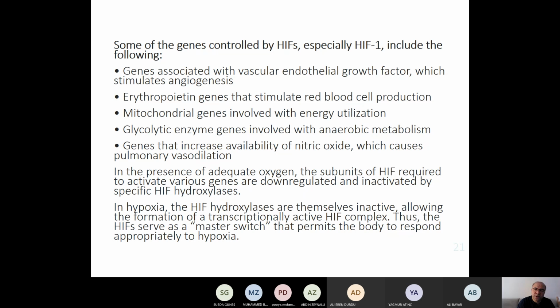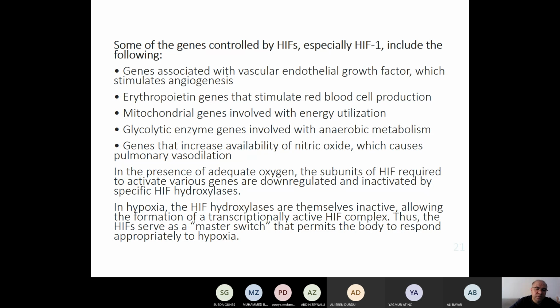In the presence of adequate oxygen, the subunits of hypoxia-inducible factor required to activate various genes are downregulated and inactivated by specific hypoxia-inducible factor hydroxylases. In hypoxia, the hydroxylases are themselves inactive, allowing the formation of a transcriptionally active hypoxia-inducible factor complex.